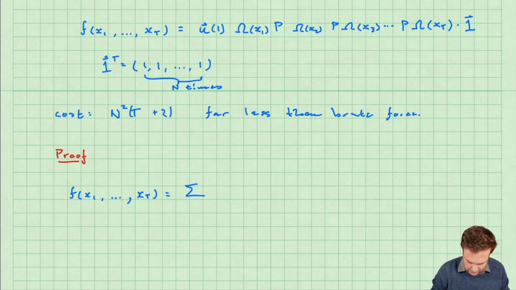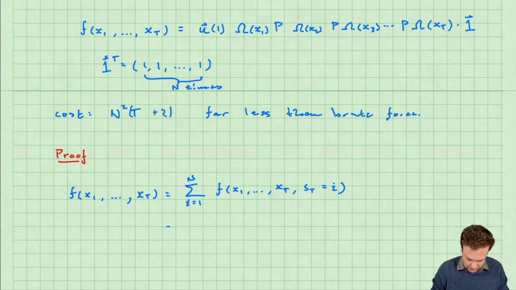So this thing is a sum over i equals 1 to n of all the different forward vector components, x1 up to xt, and capital S_T is equal to i.